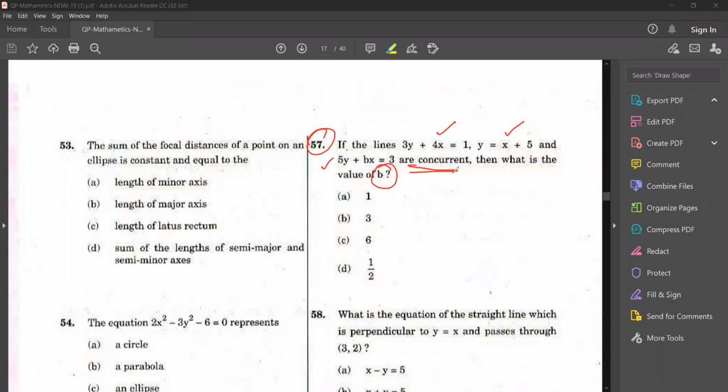Concurrent means passing through same point. If these three lines pass through same point, you have to find the value of b. Okay, so please try. I'll give you 1 minute. Try and comment your answers.